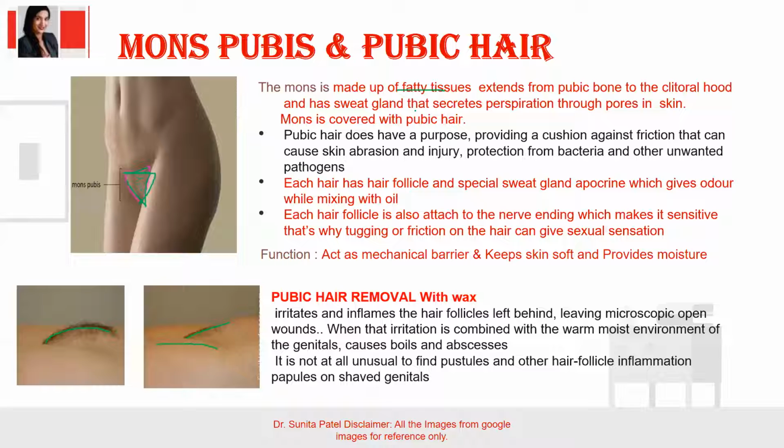And because of this blockage, whatever secretion should keep coming outside through these open pores, the pores are now blocked with small clothing particles or some bacteria, or maybe the bacteria which is lying in this region. So they might block that, they might obstruct that.